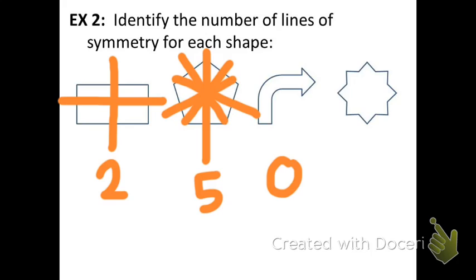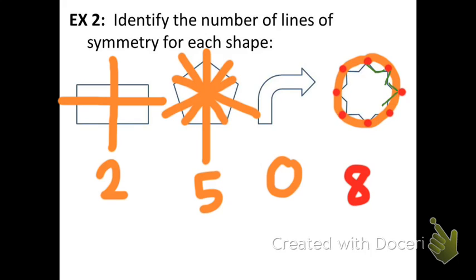And then on the last one, what I talked about earlier, if you can draw a circle around the object, then you can count how many times the object touches the circle. Here we can see that it touches the circle 8 times, so you will actually get 8 lines of symmetry. Now, for this to work, all of these lengths, if you notice, had to be the same.